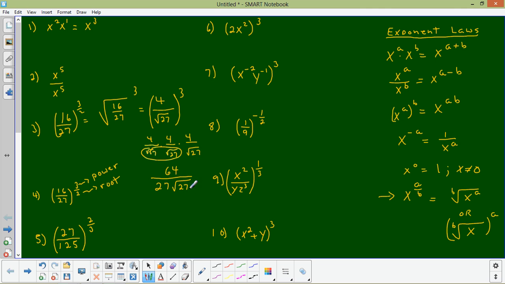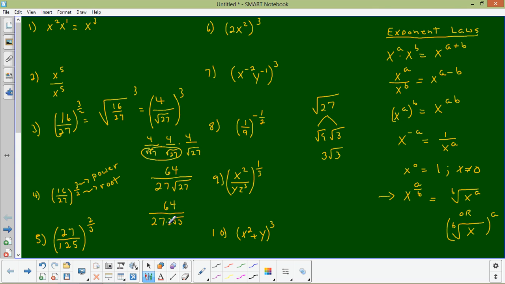And then I'll break down this square root of 27 using a factor tree situation. You should remember from elementary algebra, square root of 27 is the square root of 9 times the square root of 3, and the square root of 9 is 3. So that square root of 27 can be rewritten as 3 square root of 3.